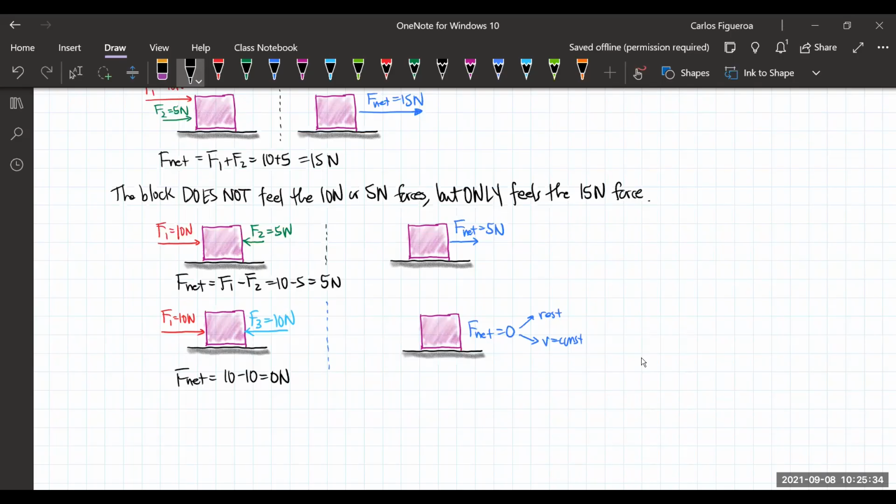In summary of this piece, let me write the following.